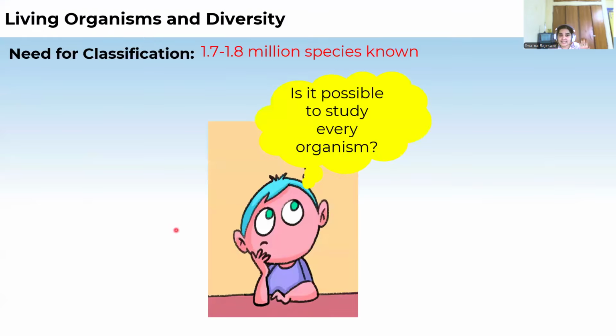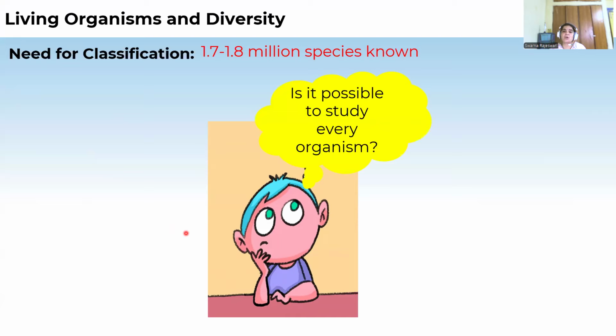So this is about the need for classification. We have to classify that organism, that plant or animal, to know where it belongs. For example, all humans belong to a particular group, and we call all of them human beings. Likewise, there is a need for classification.